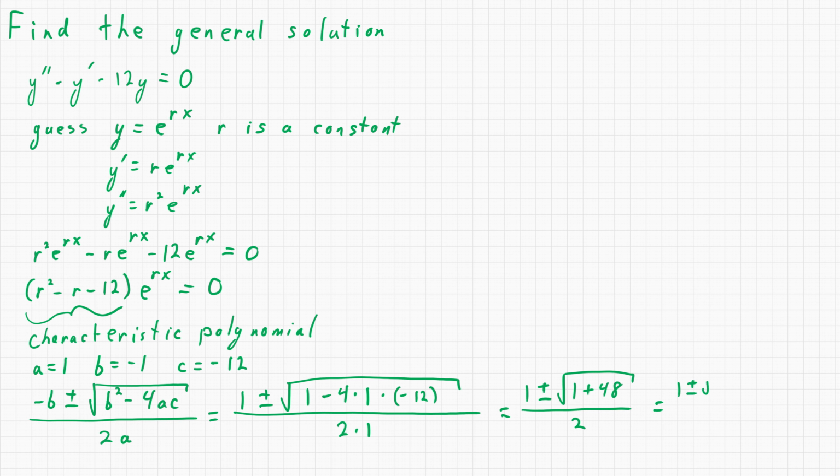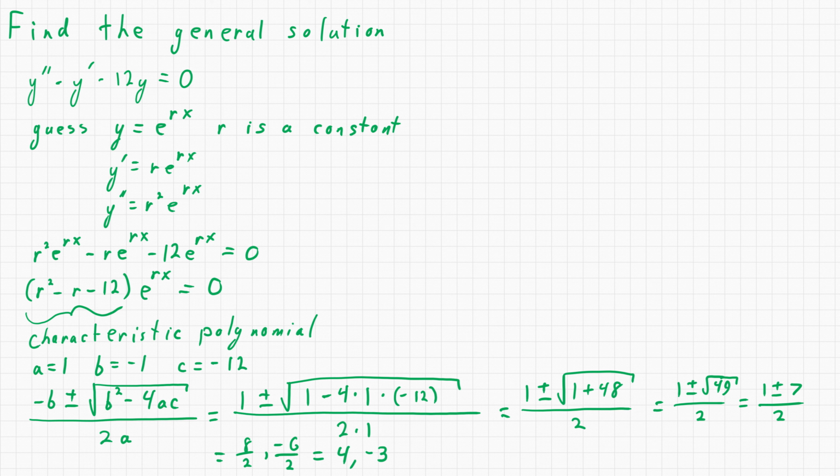So 1 plus or minus square root of 49 over 2. Well, that's 1 plus or minus 7 over 2. I think I can squeeze it in the bottom here. 1 plus 7 would be 8 over 2, and then 1 minus 7 would be negative 6 over 2. So it ends up being 4 and negative 3.